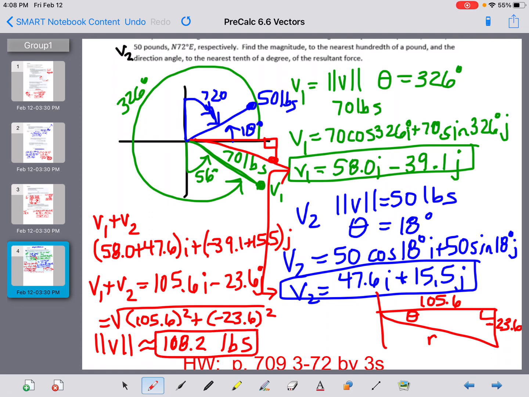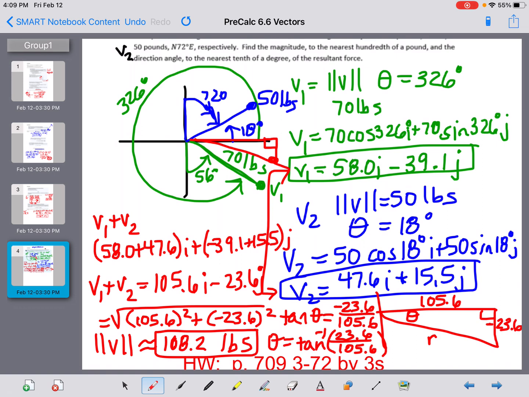And then as far as a direction, I need to find that tangent of theta is opposite, which is negative 23.6 divided by 105.6, my adjacent. So remember, I'm going to get my reference angle. I'm not plugging in that negative. Inverse tangent, 23.6 divided by 105.6.